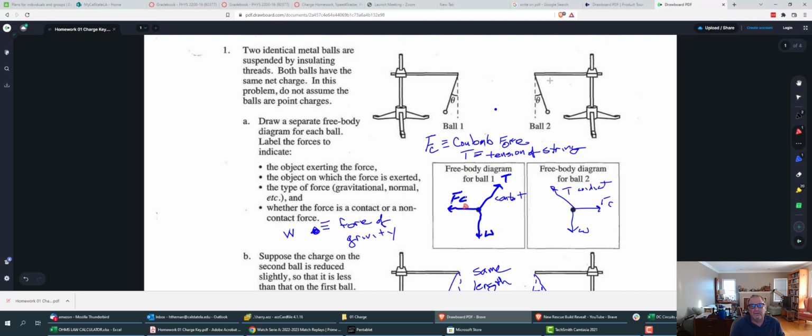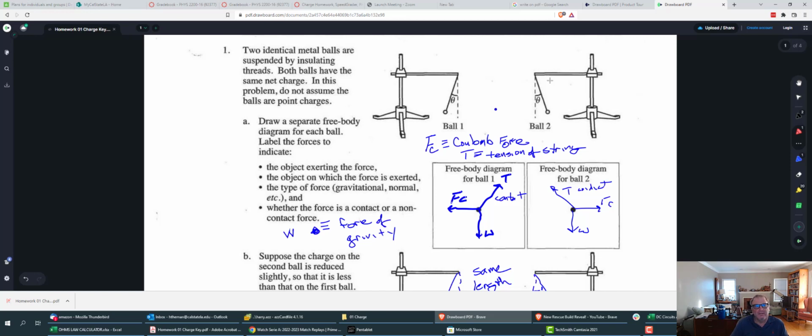So we have F Coulomb to the left, since the two balls are basically on the same length of string, the mass is the same, all those things. They're going to both feel an F Coulomb that are going to be equal and opposite. At the moment, they're telling us both charges are equal, but it turns out it doesn't matter because they're free hanging.